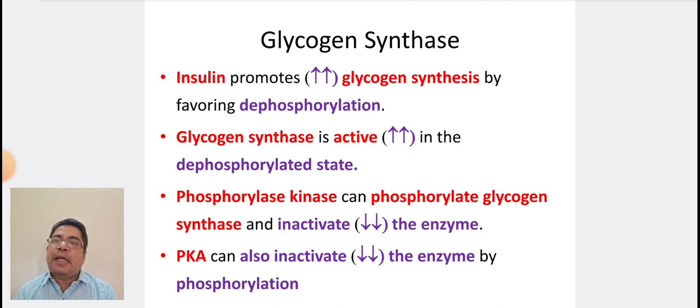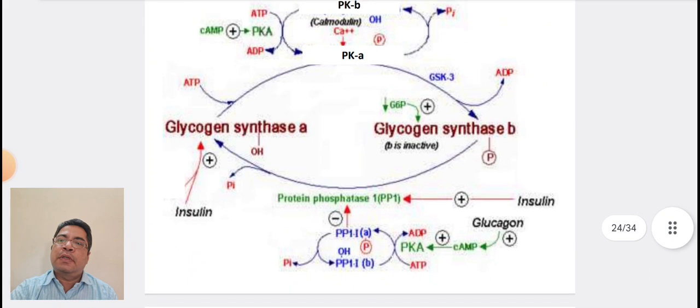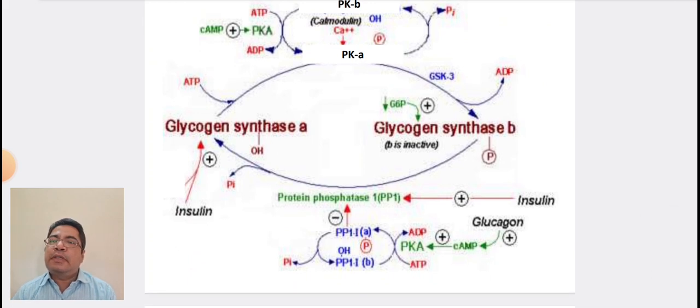Phosphorylase kinase can phosphorylate glycogen synthase and inactivate the enzyme. Protein kinase A can also inactivate the enzyme by phosphorylation. In this diagram, we can see glycogen synthase A converted to glycogen synthase B, where PKA is stimulating the enzyme.